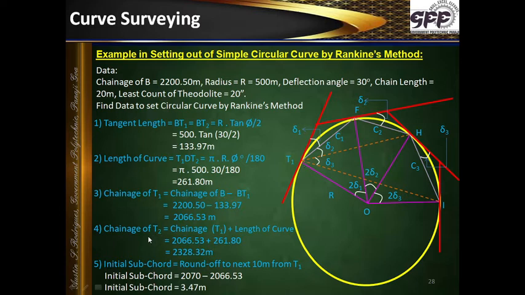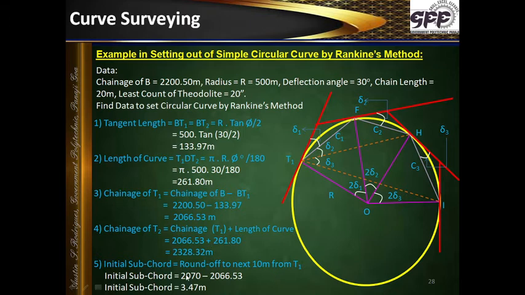What is the chain edge of the point T2? Chain edge of the point T2 is the chain edge of point T1 plus length of curve. So chain edge of point T1 is already defined 2066.53 plus length of the curve 261.80 meters. So we have chain edge of T2 as 2328.32 meters.